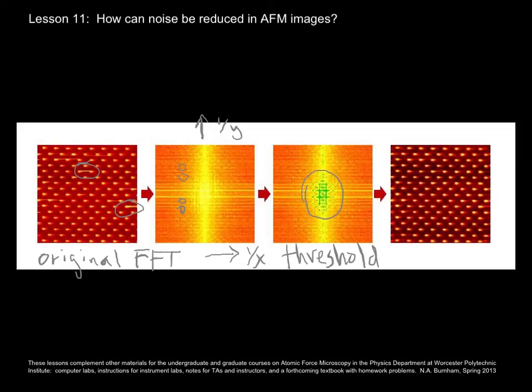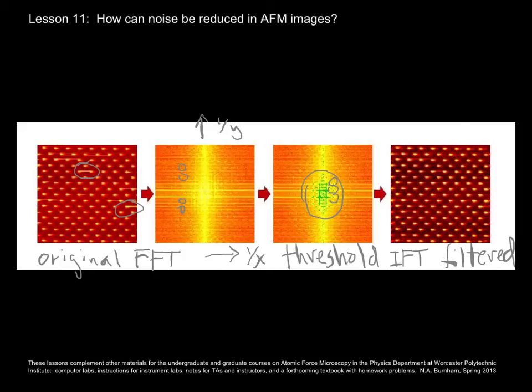And maybe now it's easier to see that there are spots here corresponding to frequencies, inverse distances, that are strong and represent the periodicity of the original image. Then we do the inverse Fourier transform, and here we have our filtered image.